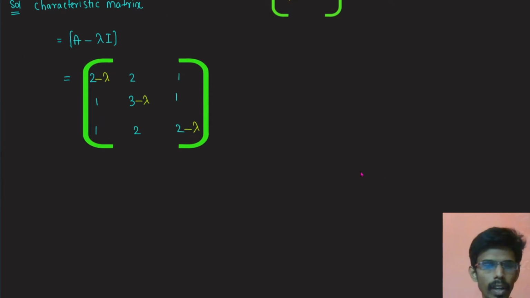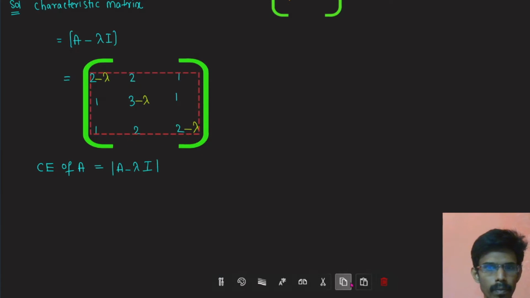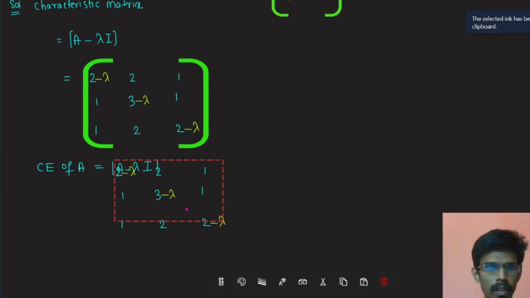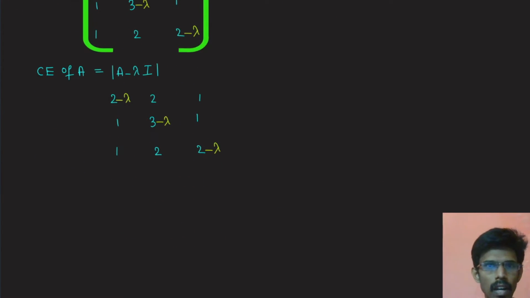Now we find its characteristic equation. The characteristic equation CE of matrix A is the determinant of A minus lambda I. So here I have to take all these elements and apply the mod here.